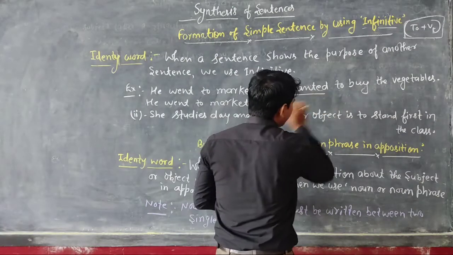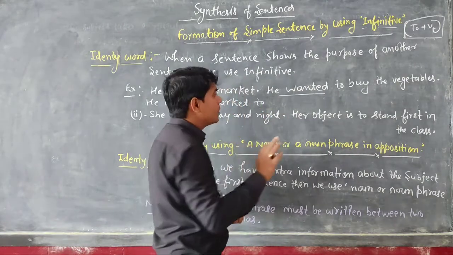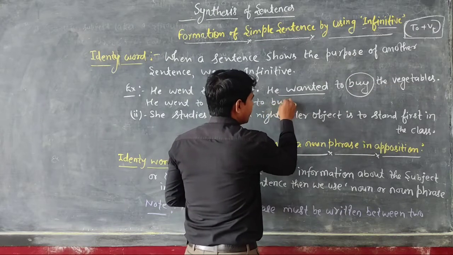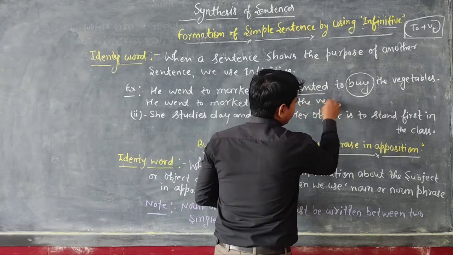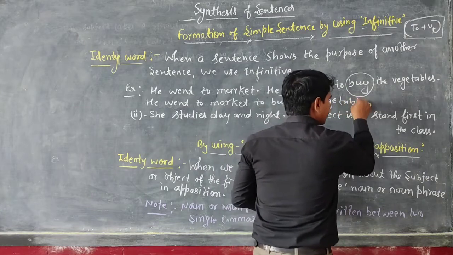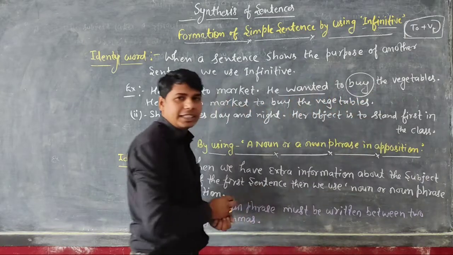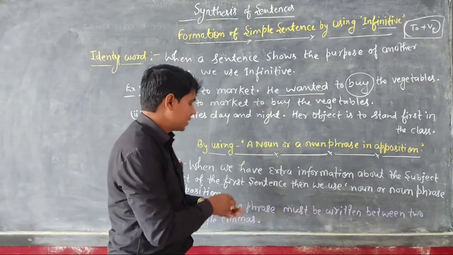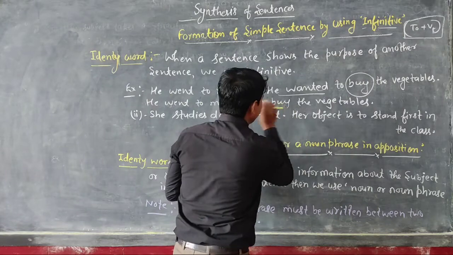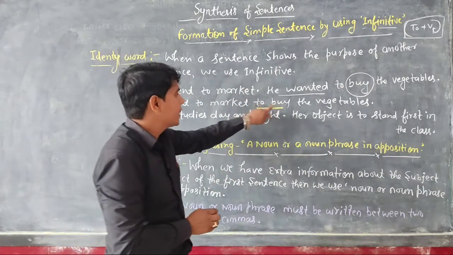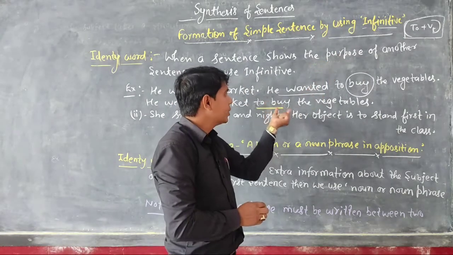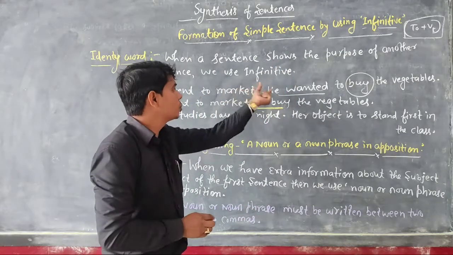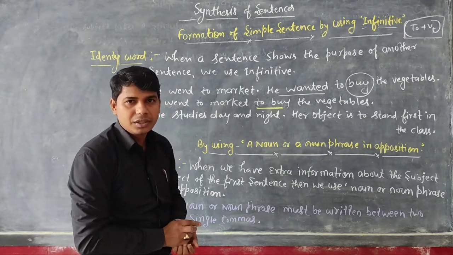Which is the base form? This is buy. So, to buy the vegetables. It will be: He went to market to buy the vegetables. Now see, this is your infinitive: to plus the base form of the verb. By using infinitive, I have joined these two sentences into a simple sentence.